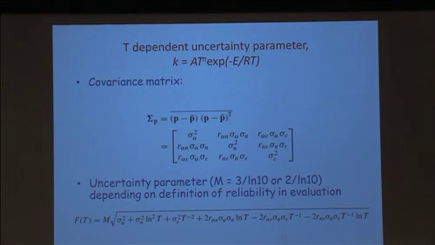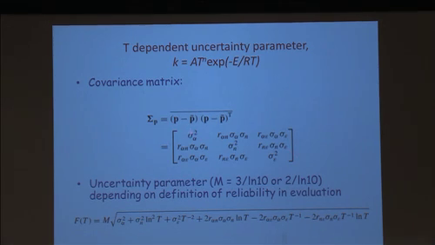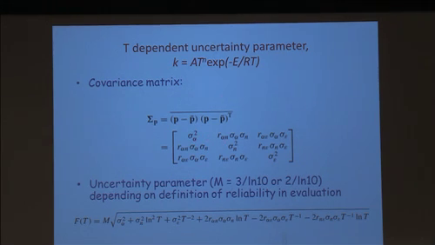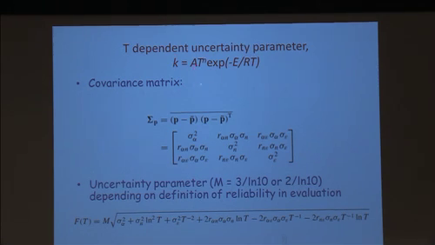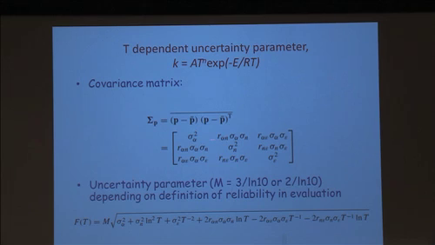Now, this is the covariance matrix that I was telling you about. These are the uncertainties in the A factor. So taking this expression for a rate coefficient, the uncertainties in the A factor, in the temperature exponent, and in the activation energy.